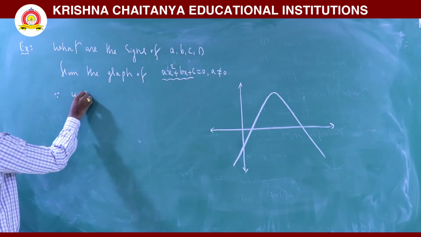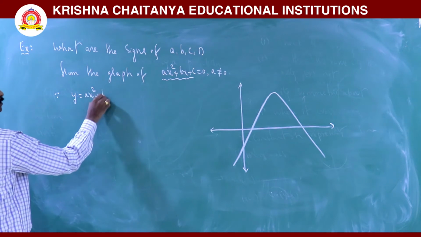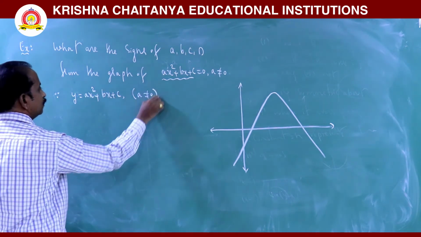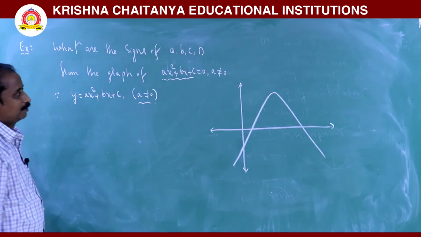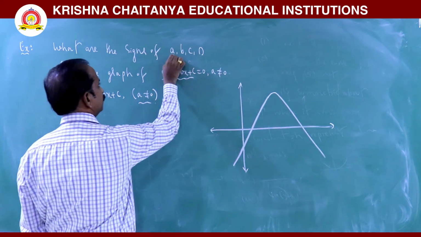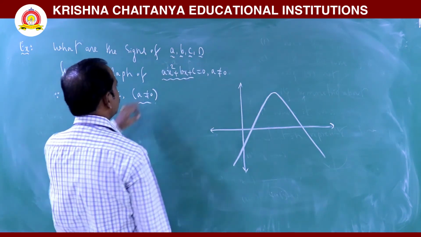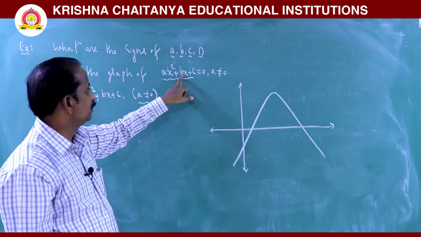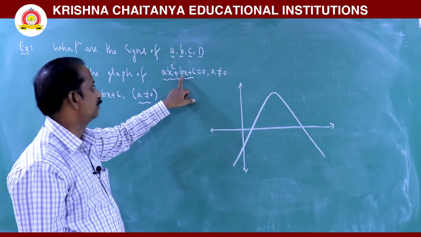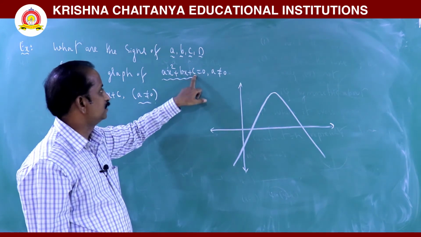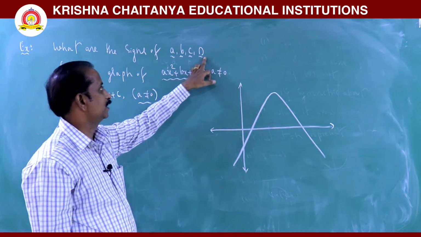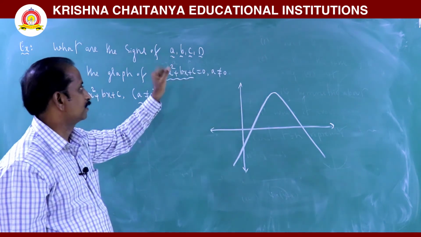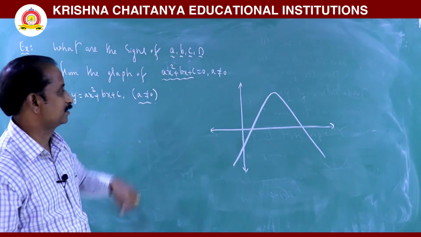So y is equal to ax square plus bx plus c such that a not equal to 0. What do we want in this problem? The signs of a, b, c, d. Here a is the leading coefficient, b is the coefficient of the linear term, c is the constant term, and capital D is the discriminant.